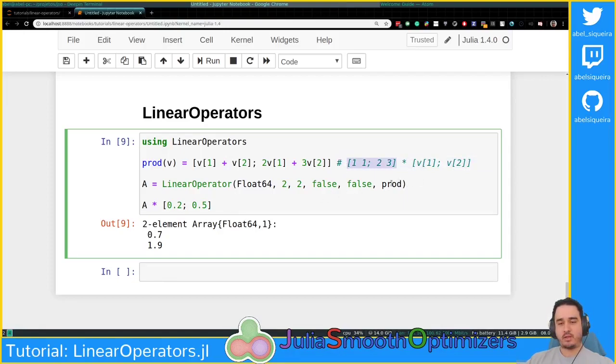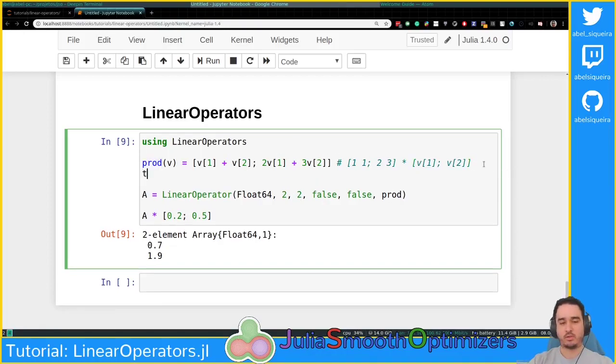In this case, I do not know what the transpose or the conjugate transpose of this matrix is, so I cannot simply infer that information. So in addition to having prod, I may also pass the transpose of this matrix, which will be something like this.